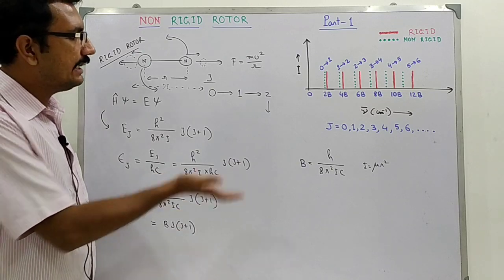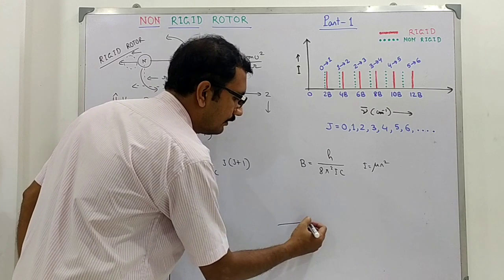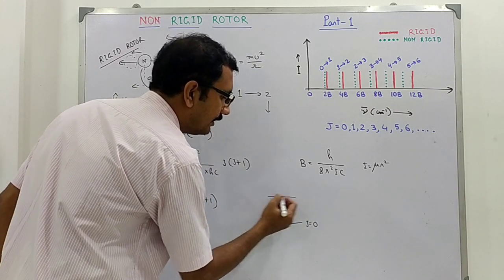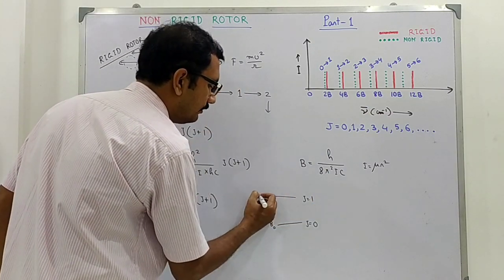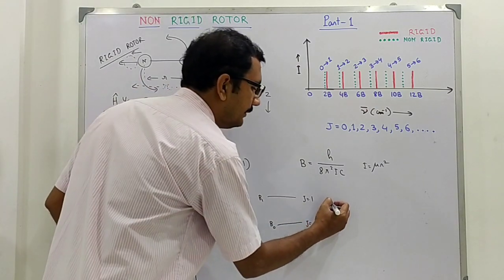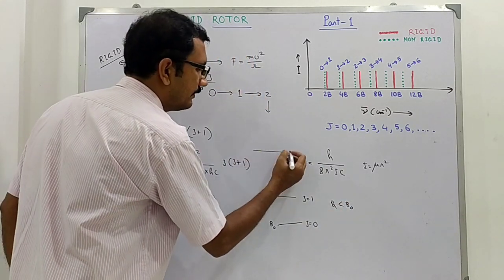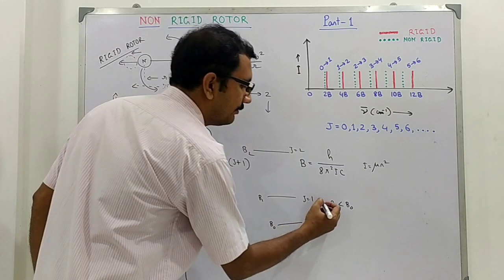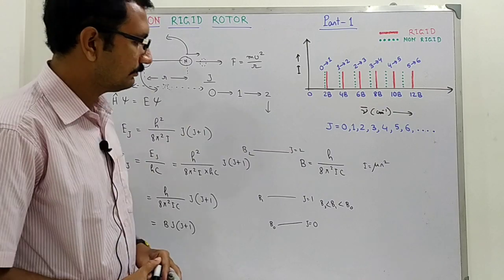As J increases, B will fall. For J equal to 0, say it is B0; then for the first excited state, J equal to 1, we will not have B0, we will have B1, and B1 is less than B0. For the next state, J equal to 2, it will have B2, so B2 is less than B1, which is less than B0.